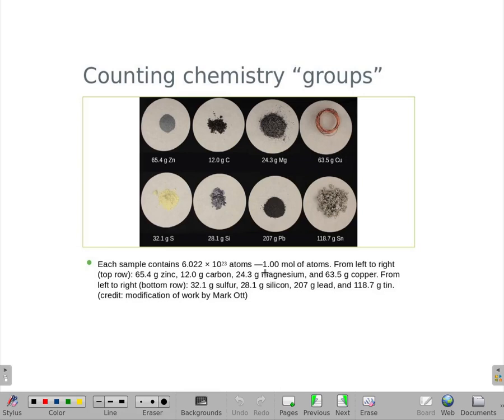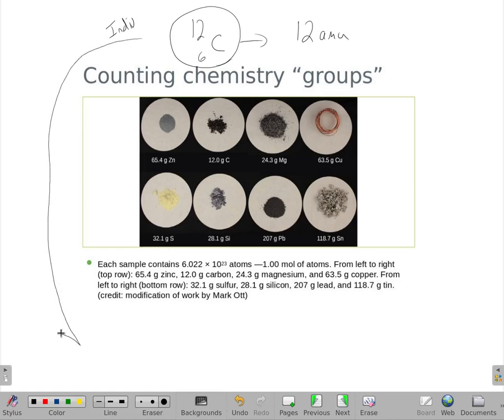So ages ago, the chemists got together and said, carbon 12 has 6 protons and 6 neutrons. Because of that 12, let's say it weighs 12 AMUs. That's easy enough. And someone else said, how many of these individual atoms would give us a mass of 12 grams?